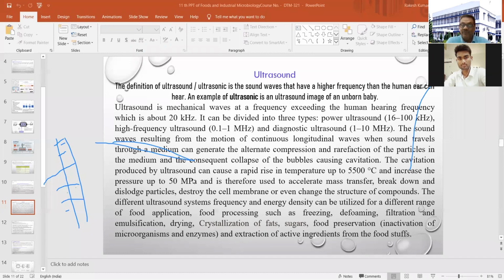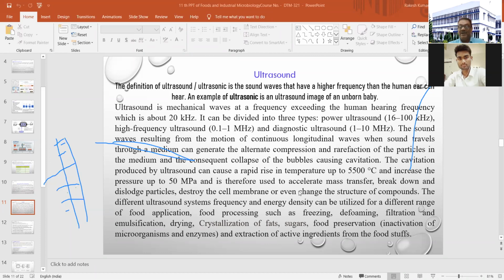The cavitation produced by ultrasound can cause a rapid rise in temperature. Whatever cavitation forms inside that food item will create a very high temperature and increase the pressure up to 50 megapascal, and is therefore used to accelerate mass transfer, break down and dislodge particles, destroy the cell membrane, or even change the structure of the compound.